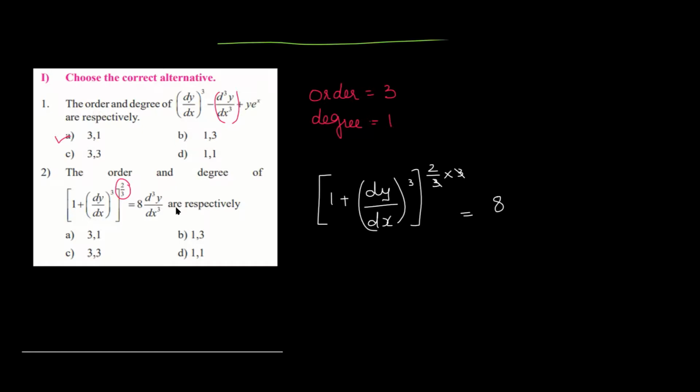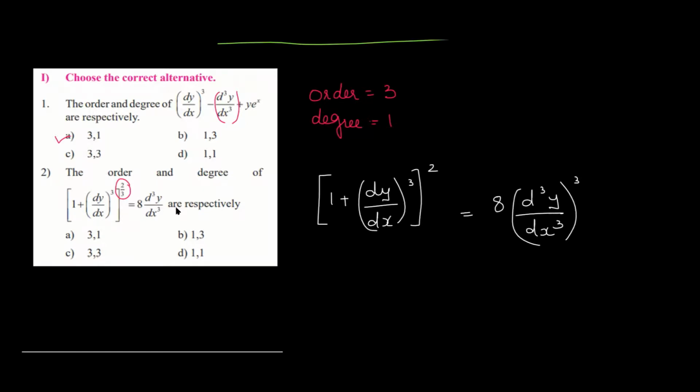On the other side also we raise the power to 3. So now the fractional part has gone away. And therefore, we have on one side square and on the other side cube.